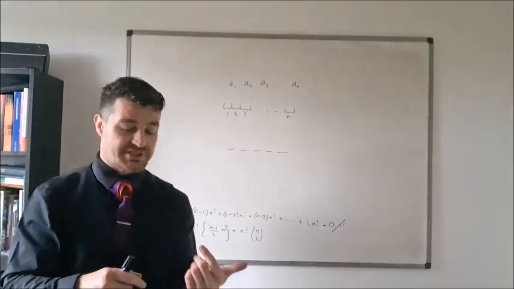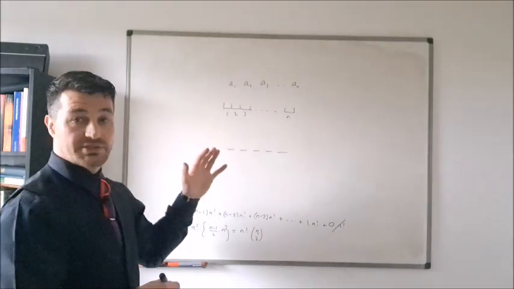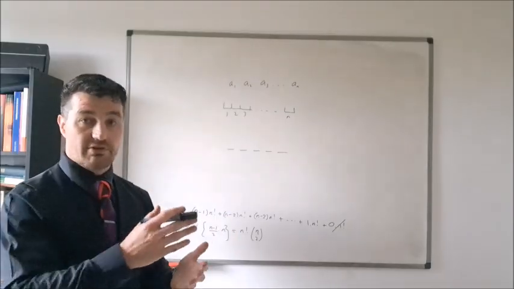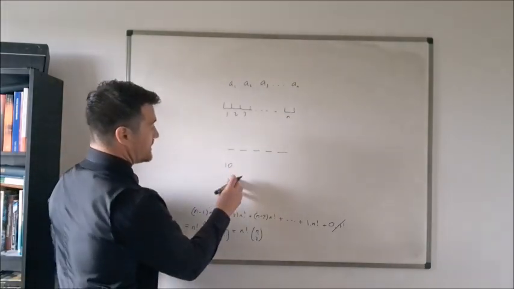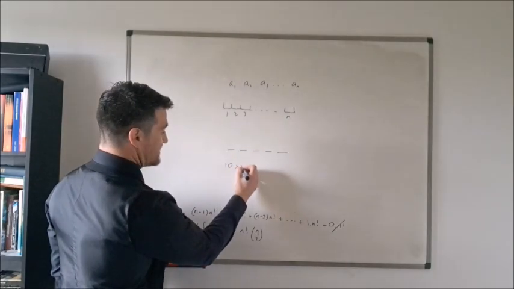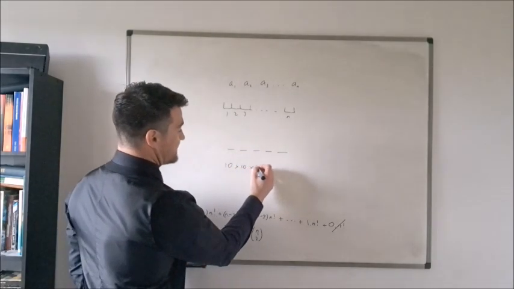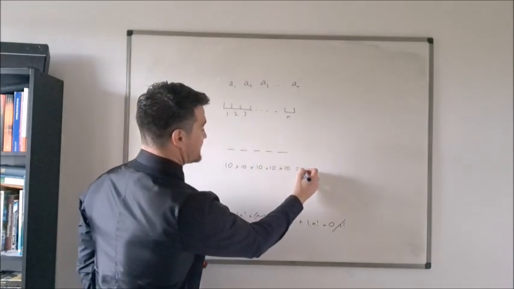Let's just say 10 digits. Well, here I can choose from any of those digits. So I've got 10 possibilities. Here I've got 10 possibilities. So it's going to be 10 squared, 10 times 10, 10 times 10 times 10, and so on, right? So I get 10 to the power of 5.